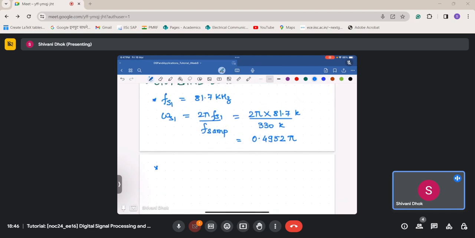Then we have the second stop band edge, which is fs2, which is equal to 109.7 kilohertz.